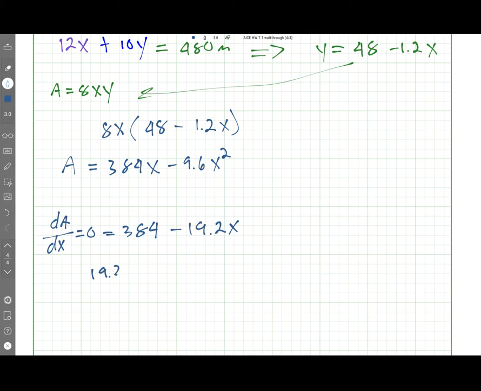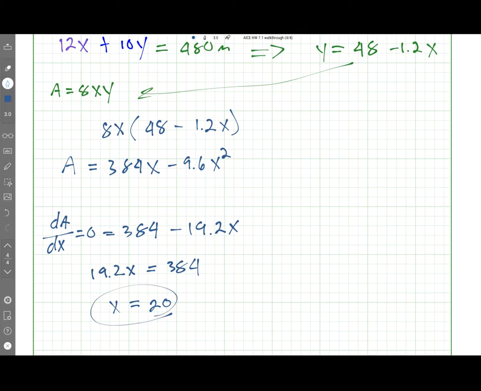So 19.2x equals 384. x then is equal to, let me grab a calculator, 20. So we know 20 is the maximum.